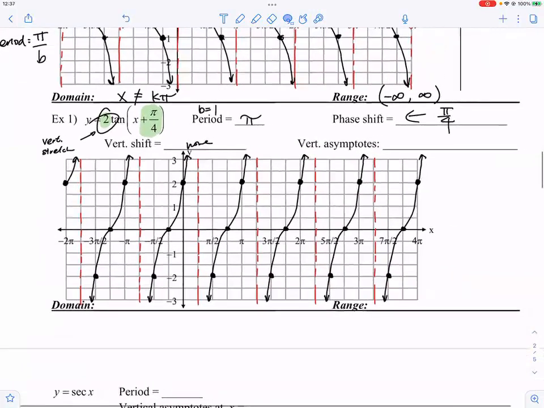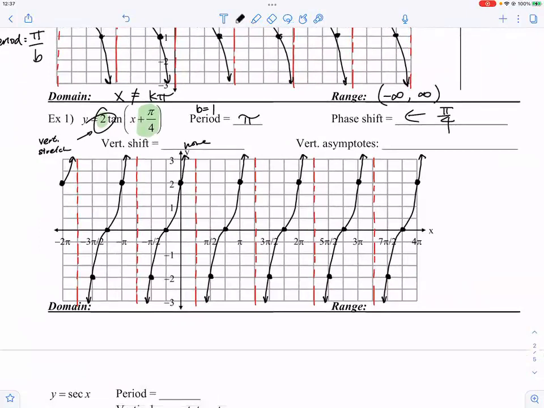Vertical asymptotes, in this case, it will be x equals negative pi over 4. Oh, no, sorry, my bad. No. X equals, asymptote will be pi over 4 plus k pi.